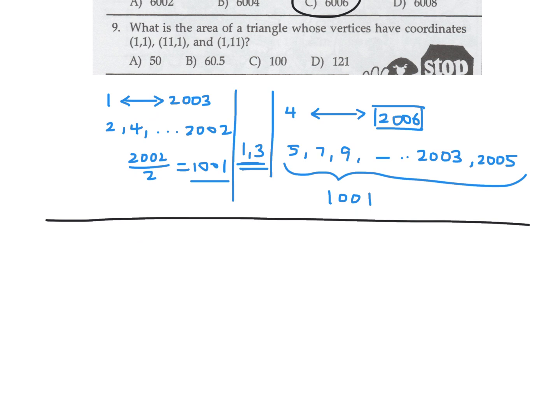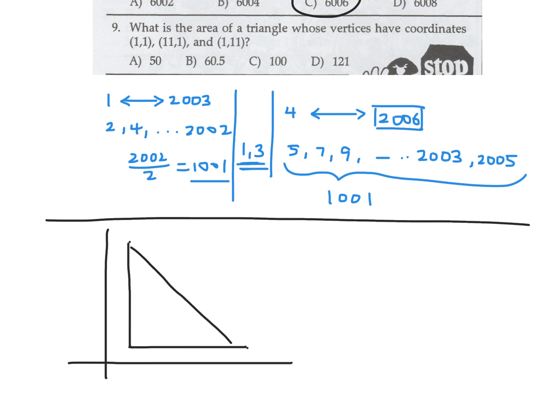What is the area of a triangle whose vertices have coordinates (1, 1), (11, 1), and (1, 11)? Let's draw it. So (1, 1), (11, 1), and (1, 11) approximately. So this is sort of the triangle. These points are on the x and y axes.